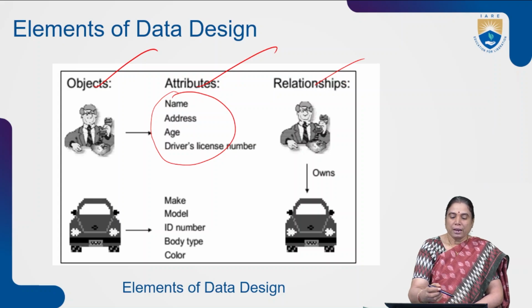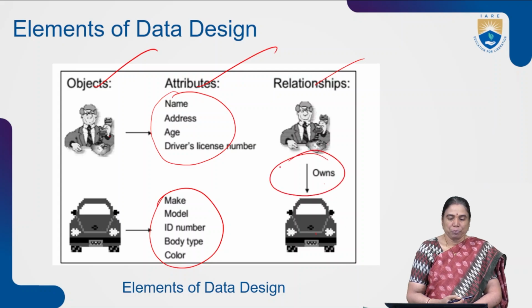If you consider an object, a passenger, the name, address, or the driver license number are the data for a driver. If you consider a car, the data attributes are make, model, ID number, body type and color. And how these two objects must be related: a driver owns a car. This is the relationship.